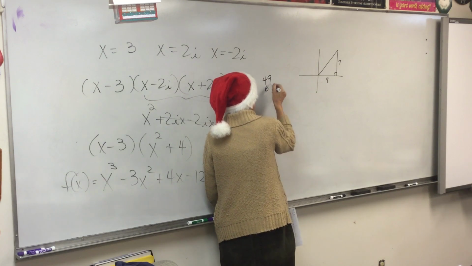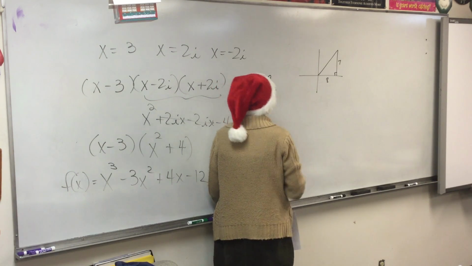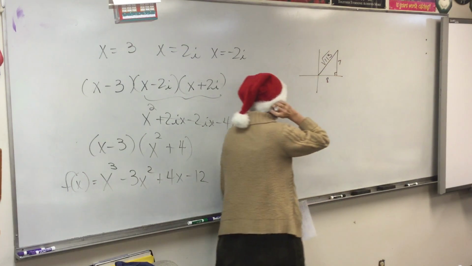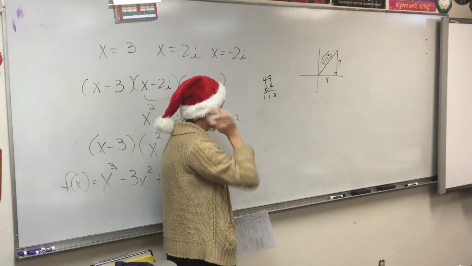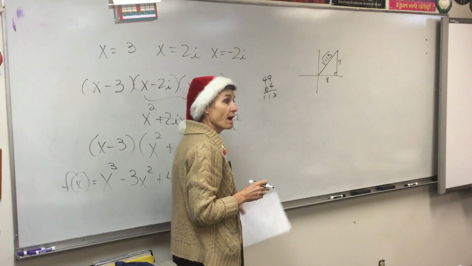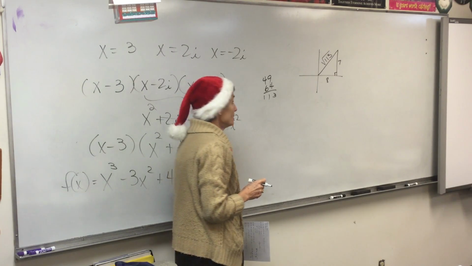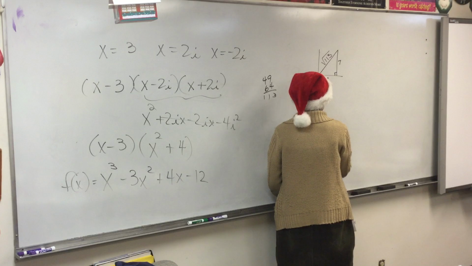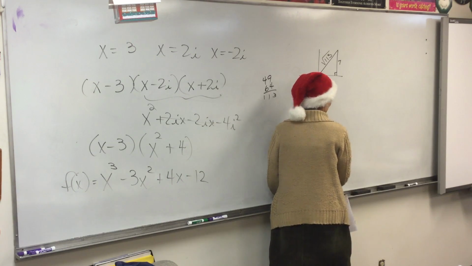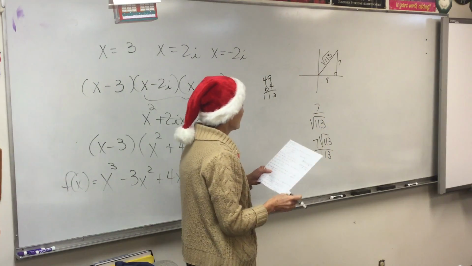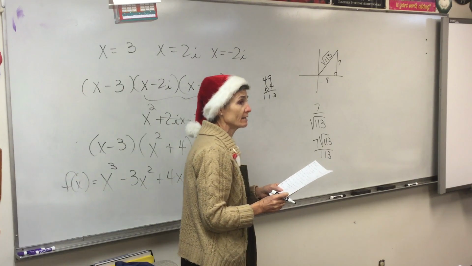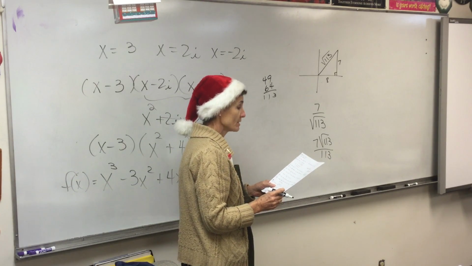The Pythagorean theorem, a squared plus b squared, would say that the other side, if I added right, is the square root of 113. And I want to know the sine. So 7 over root 113, or 7 root 113 over 113. Since I'm in quadrant 1, I do not need to worry about negative signs. Everything's positive.